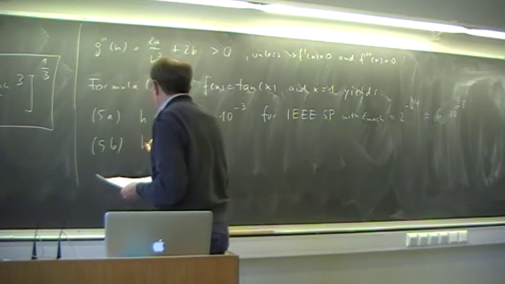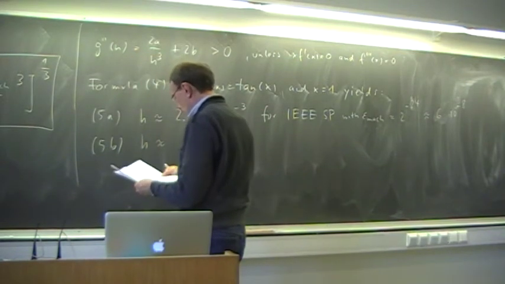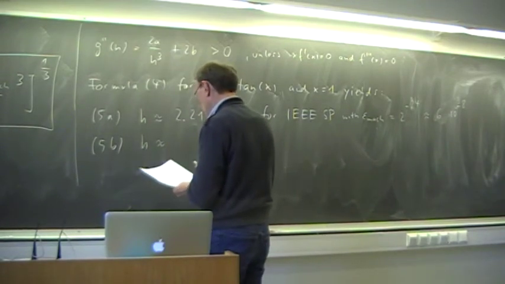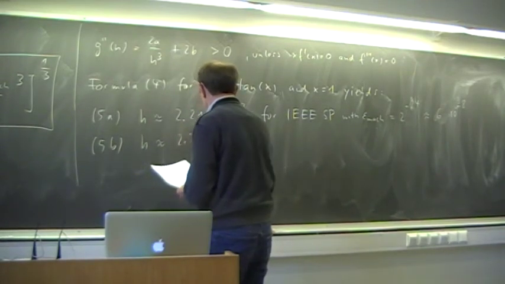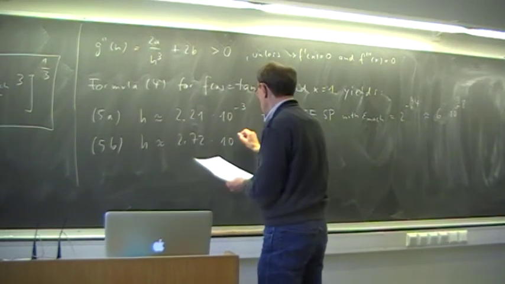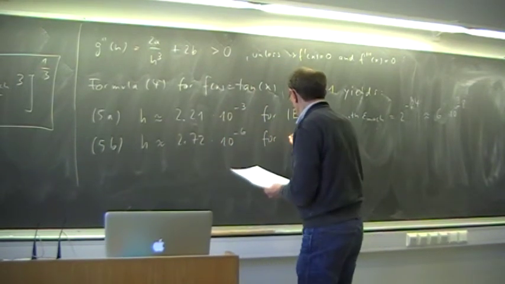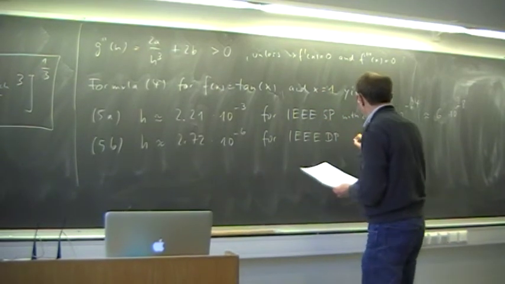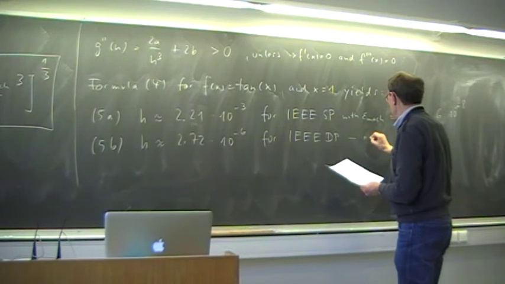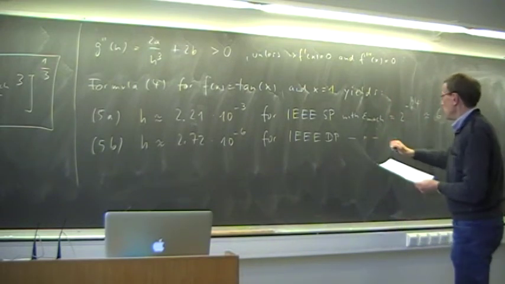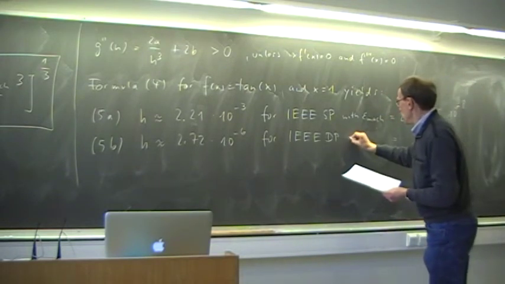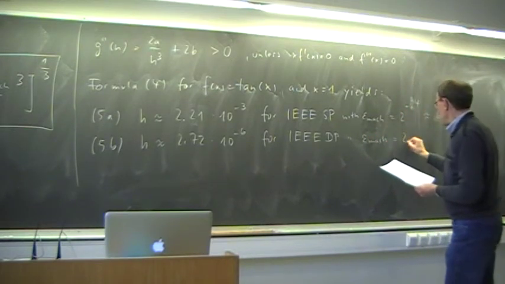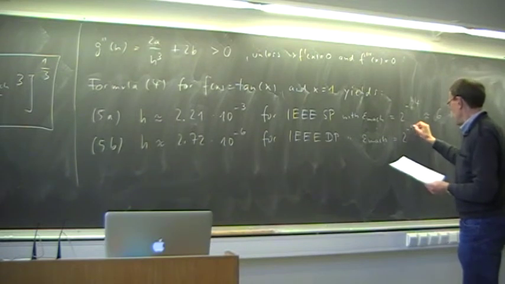So h is approximately equal to 2.72 times 10 to the minus 6 for IEEE double precision, with machine epsilon being what I wrote before, 2 to the power minus 53.